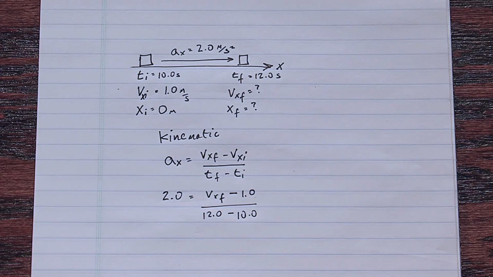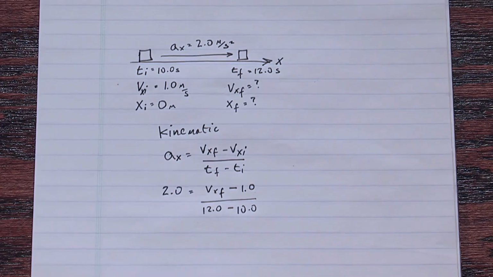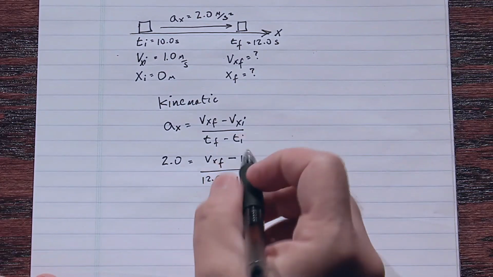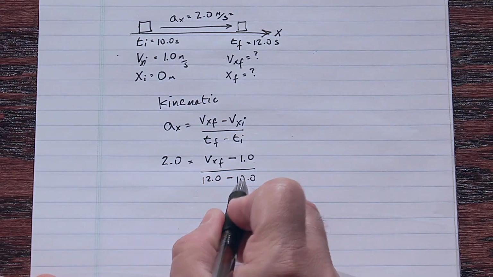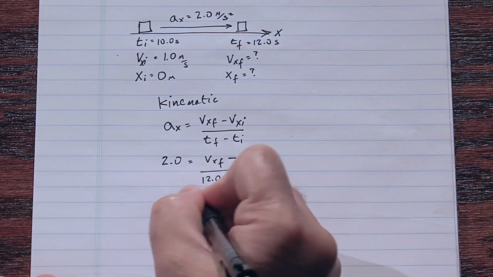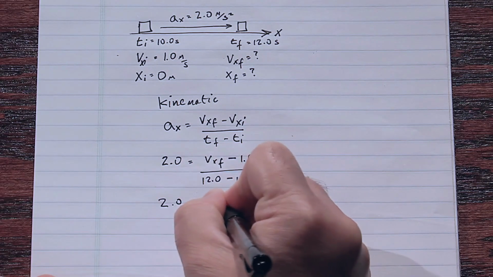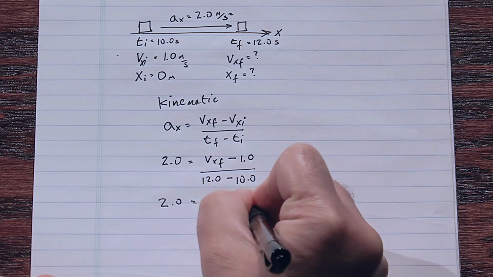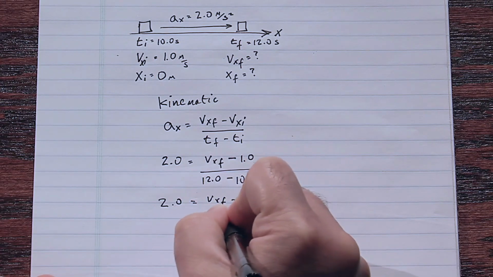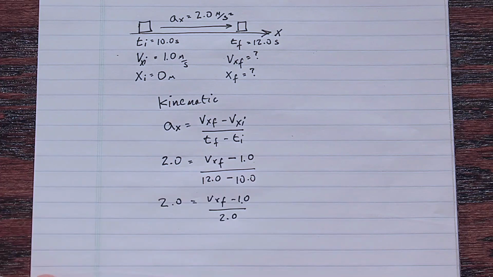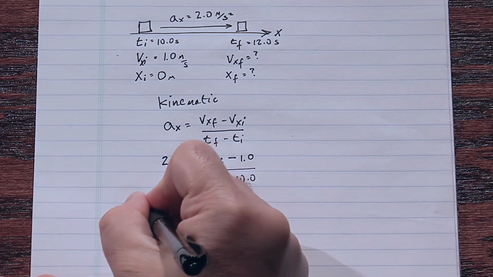Now we solve for V final. 12 minus 10 is 2, so we have 2.0 is equal to Vx final minus 1.0 over 2.0. We'll have to multiply both sides by 2.0.